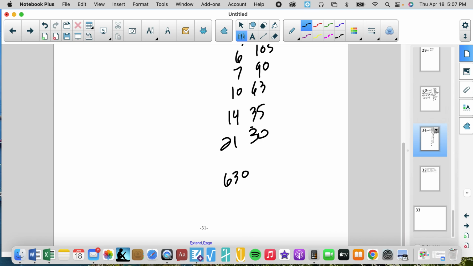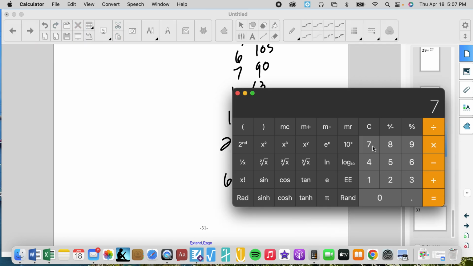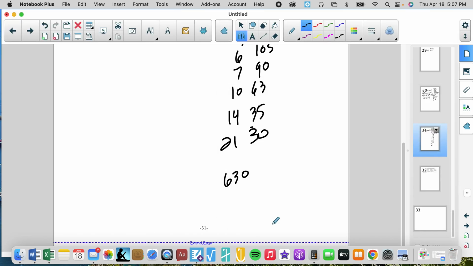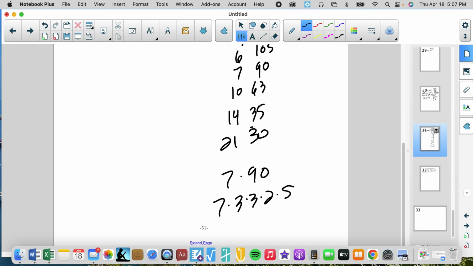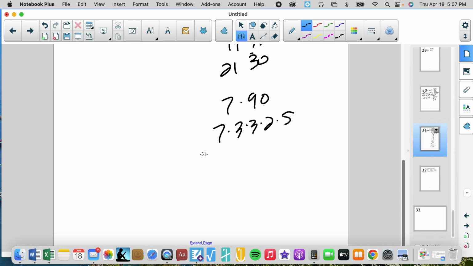630 again. So what did we say? 7 times 9, right? 7 times 9 is 630. Yeah, 7 times 90, which is 7 times 3 times 3 times 2 times 5. Those are my prime factorization. I can use those to help me.